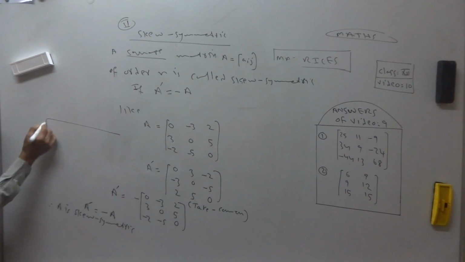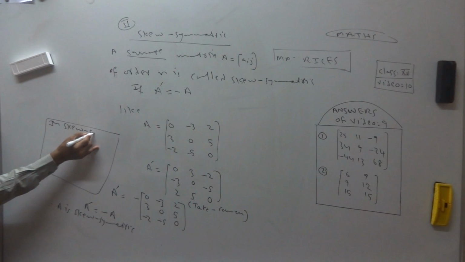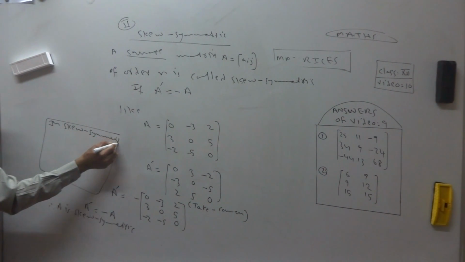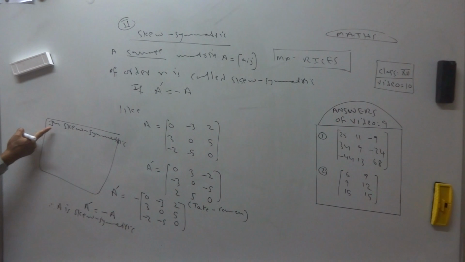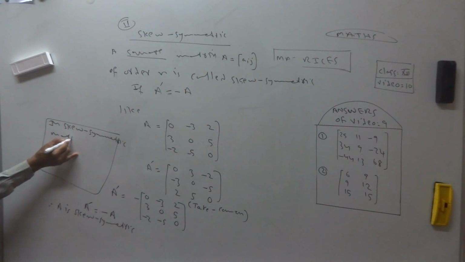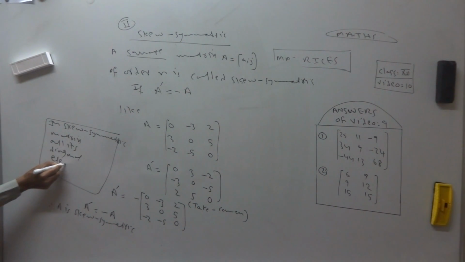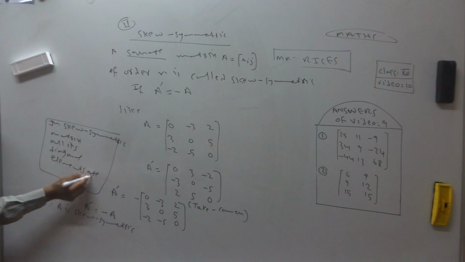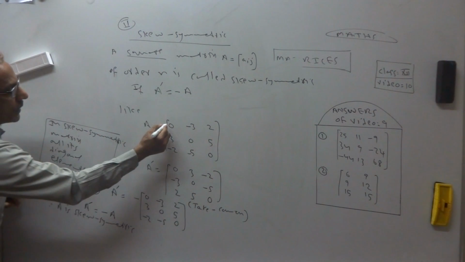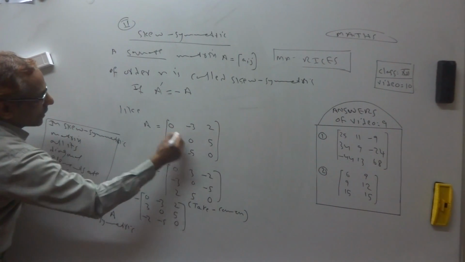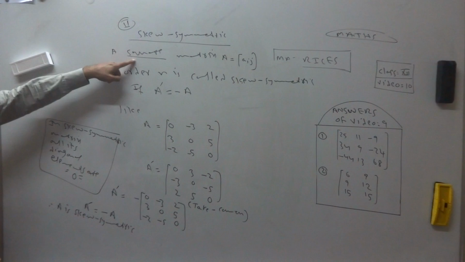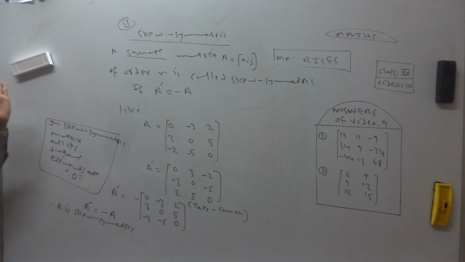One note please: always in a skew symmetric matrix, all its diagonal elements are 0. See, 0, 0, 0. This is the first condition. And it must be a square. Clear? What is a square matrix?